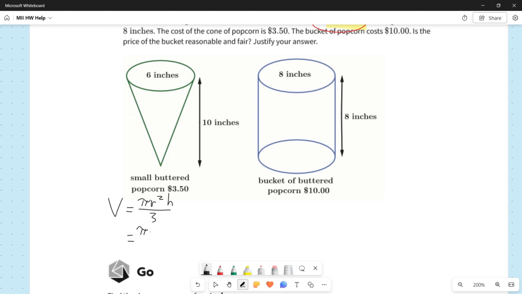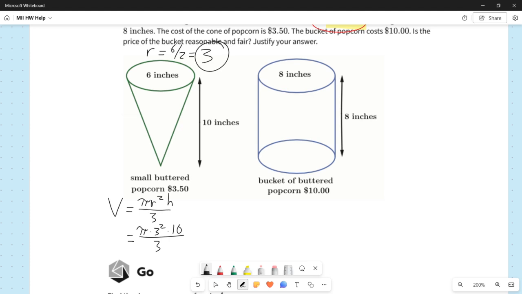Pi, we want r. Notice that if we have a diameter of 6, our radius is half of that, which is 3. So we want to use 3, not 6. So this is pi times 3 squared. And then the height of a cone is from the base to the vertex, which you can see here is 10. And that all gets divided by 3. We can clean this up a little bit.